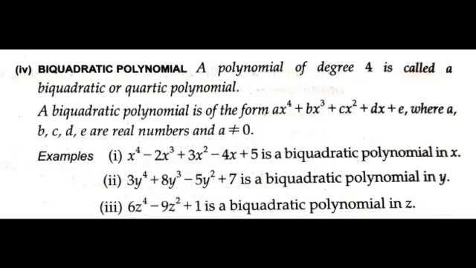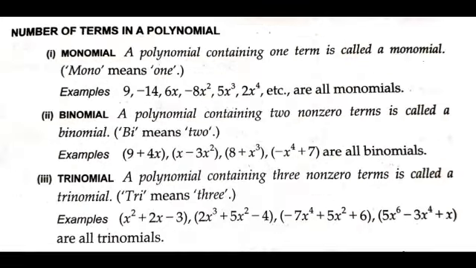Now, on basis of number of terms in a polynomial, here different types of polynomial I have considered. And the first one is monomial. A polynomial containing one term is called monomial, since mono means one. For example, 9, -14, 6x, -8x², 5x³, 2x⁴, etc. are examples of monomials since they have only one term.